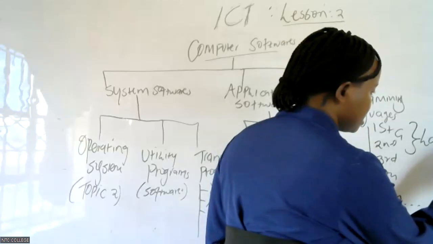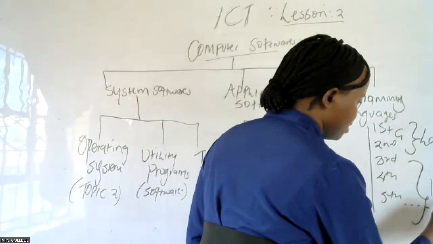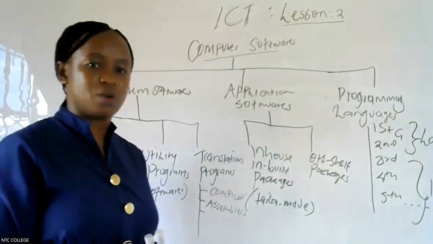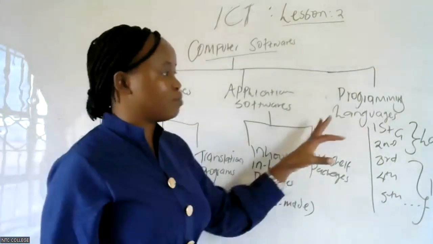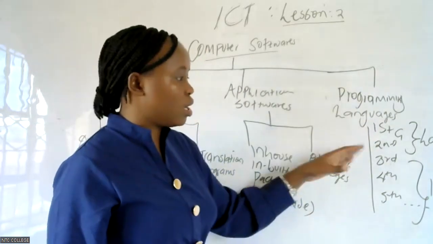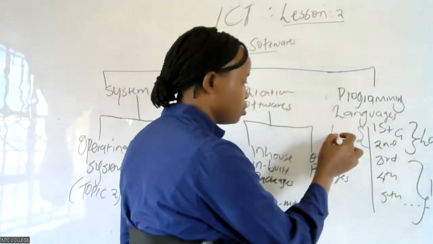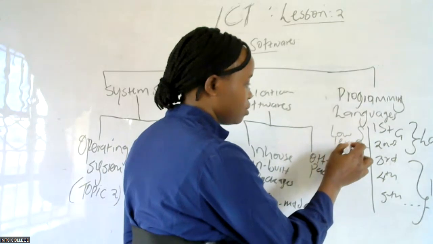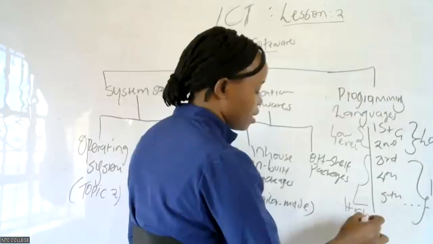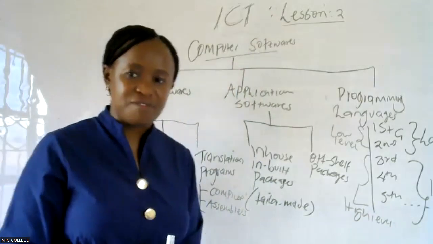These two are known as the low level, and these here, we call the high level. What I've seen in our past papers or question papers is that they are simply not venturing into first, second, third like that. They will only ask you about the low level, which is generation 1 and 2, and they will also tease you on the high level. High level comprises the third, the fourth, and the fifth.